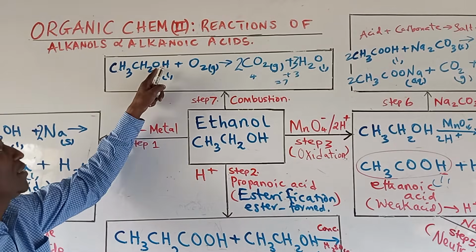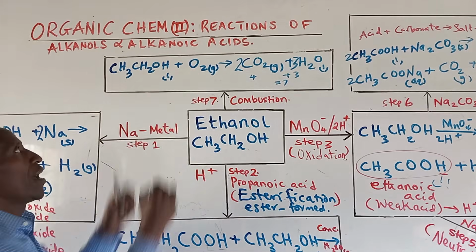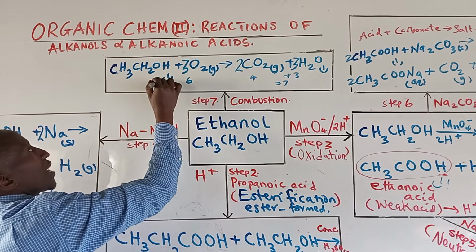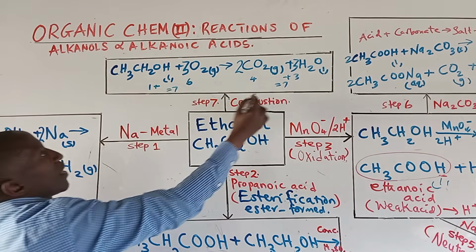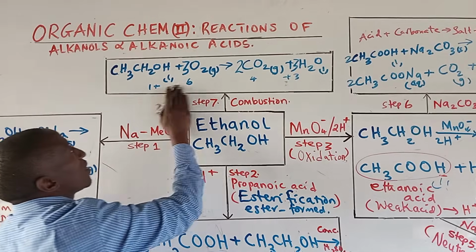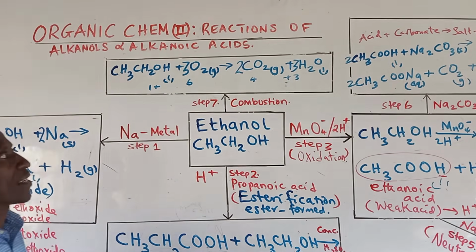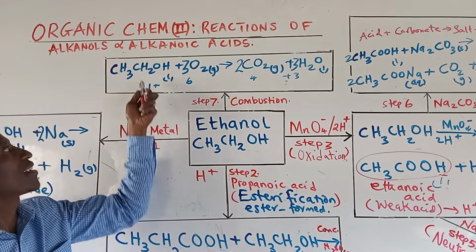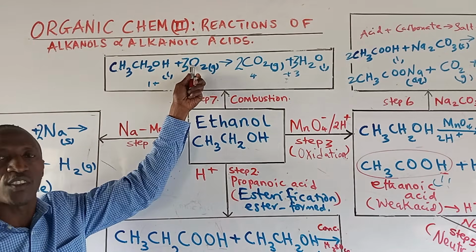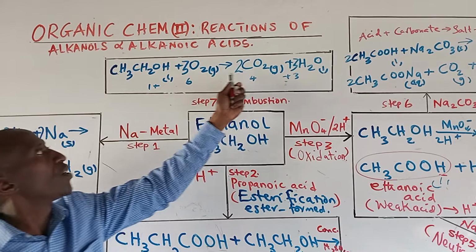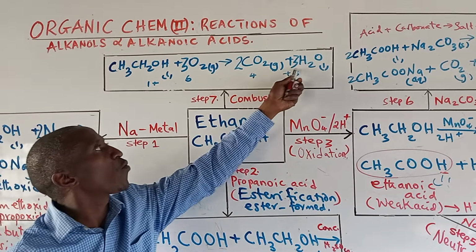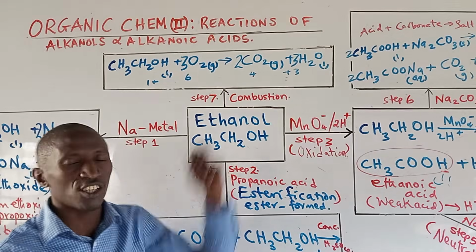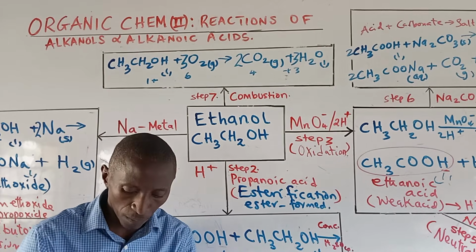Here we have 1, so we need to create 6 here by having a 3. 3 times 2 is 6, plus 1, that makes 7, and these ones are 7. So the oxygens are therefore balanced, and that way that equation is balanced, showing that ethanol reacts with oxygen in a combustion reaction to produce CO2, water, and as a senior class here, we know that heat is also produced.